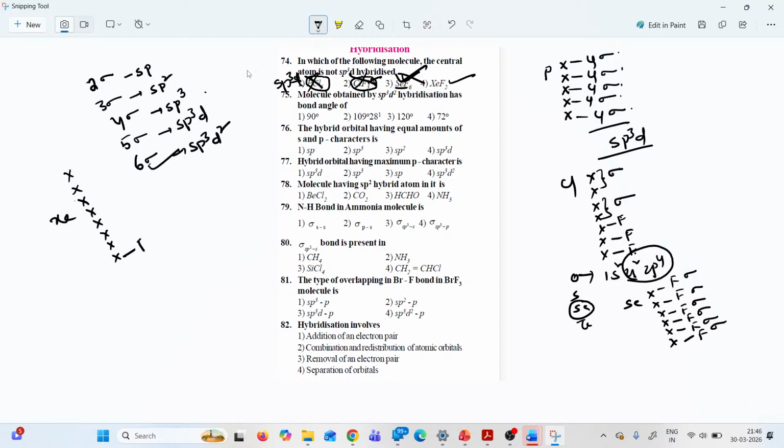So you join 2 fluorines only, giving 1 sigma bond, 2 sigma bond, and the remaining electrons become lone pairs. Total sigma bonds and lone pairs add up to 5, which means sp3d hybridization. So XeF2 is sp3d, and option 3, SeF6, is the answer. Let me erase this, then you will get it easily.